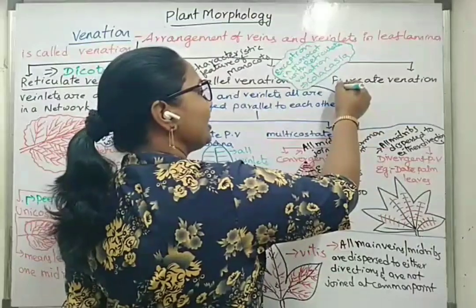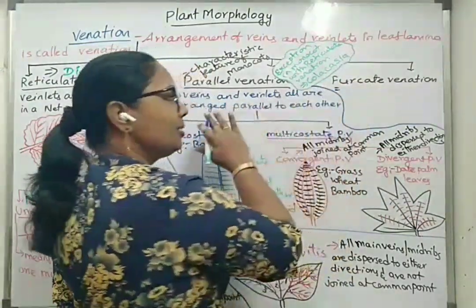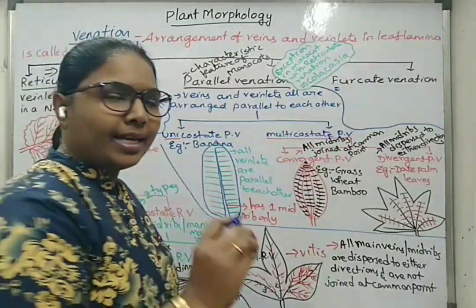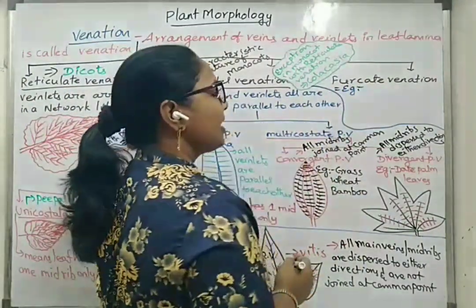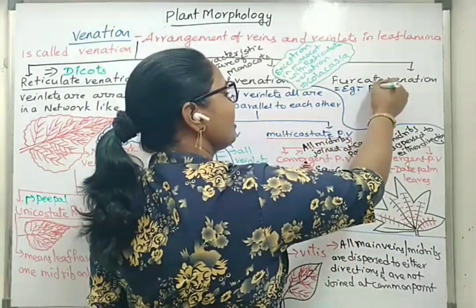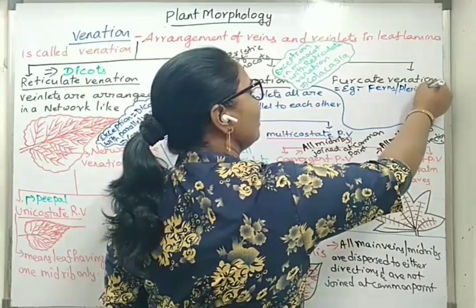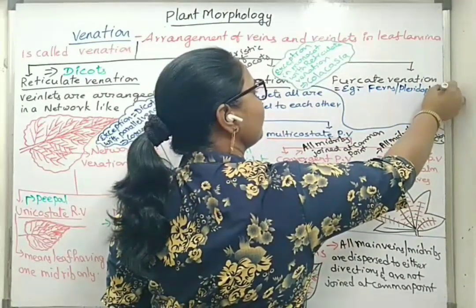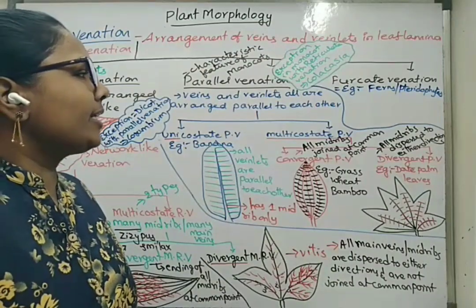Next one, furcate venation. In case of furcate venation, we see both reticulate type and parallel type of venation. Examples are ferns, which we study under pteridophytes. So ferns show furcate type of venation.